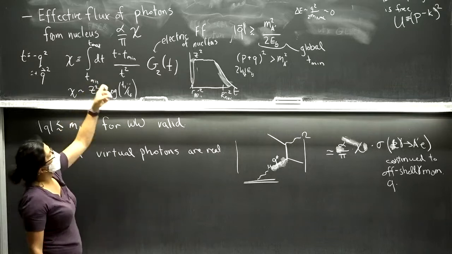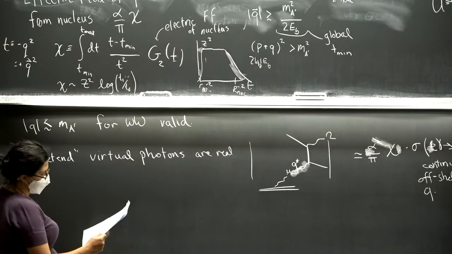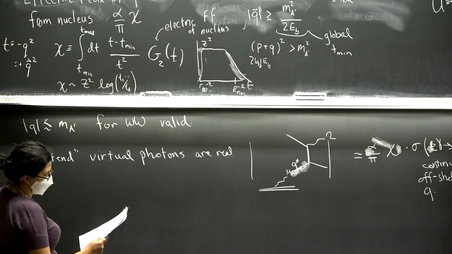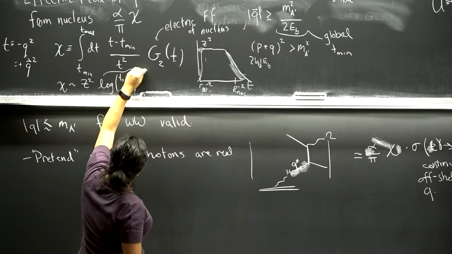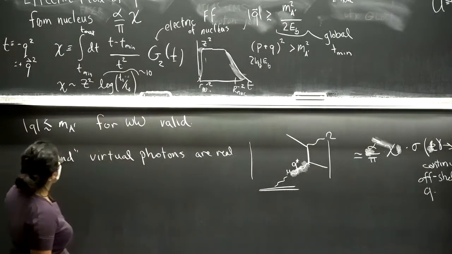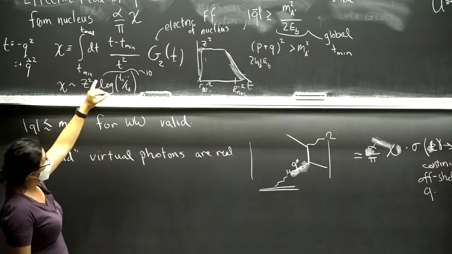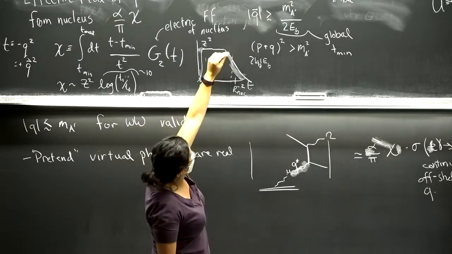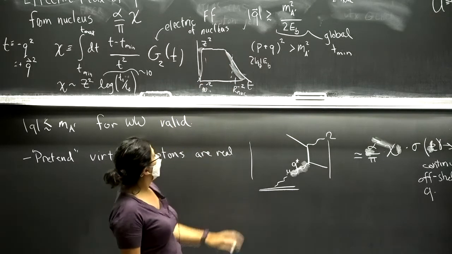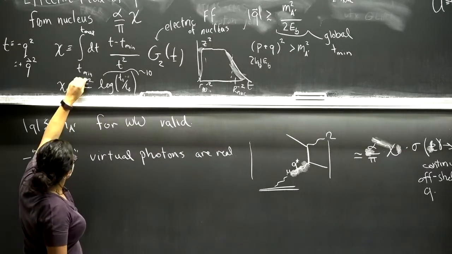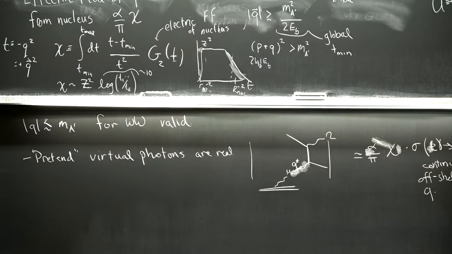T2 is the bigger of T min and this inverse atomic size, which generally that log will be sort of order 10 for a lot of the parameter space, but then can run into considerable suppressions when T min ends up here, right? If T min is here, you're only integrating near the cutoff of the form factor, then there's some suppression in addition from the log in addition to the z squared.